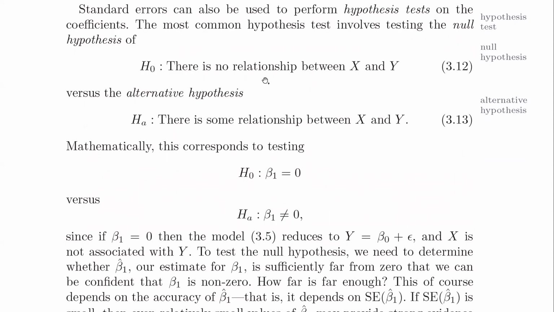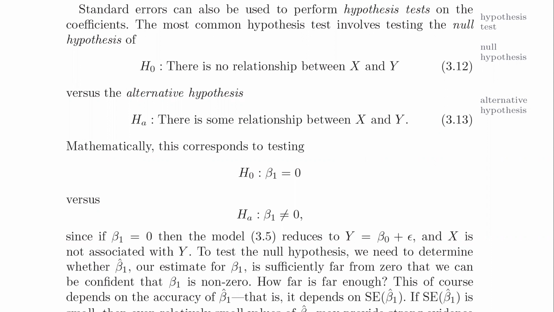Okay, so standard errors can also be used to perform hypothesis tests on the coefficients. What are the coefficients? Well, in this model, beta 0 and beta 1. The most common hypothesis test involves testing the null hypothesis. So what's the null hypothesis? You want to be conservative.